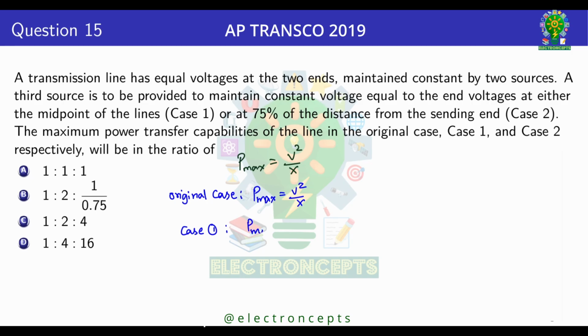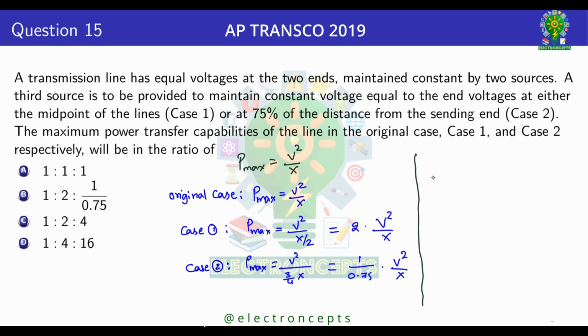Therefore, Pmax is equal to V square by (X by 2), which is equal to 2 into V square by X. And for case 2, that is a third source is connected at 75% of the distance from sending end, Pmax will be V square by (3 by 4th X), which is equal to 1 by 0.75 into V square by X.